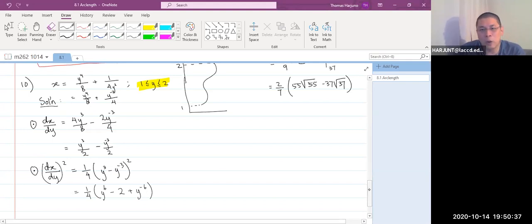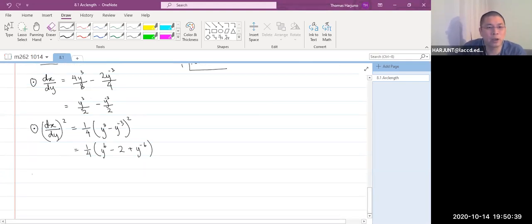Now let's add 1. If I add 1, so dx dy being squared plus 1 equals 1/4 y to the 6 minus 2 plus y to the negative 6, all of them plus 1. But that's the same as adding 4 over 4.